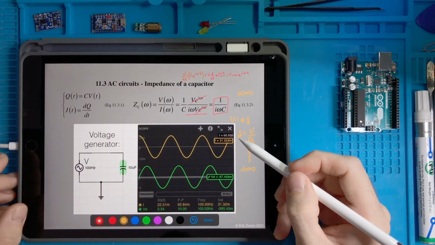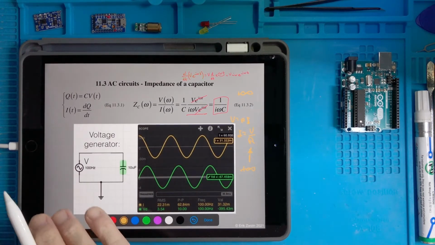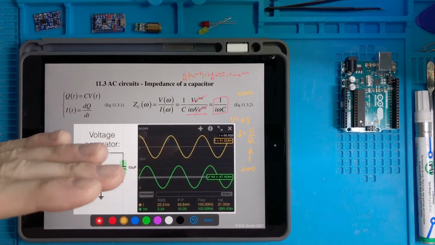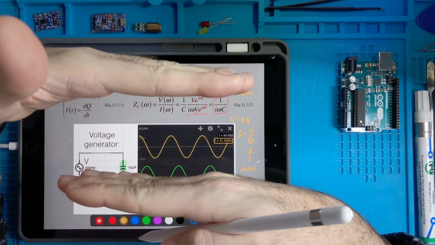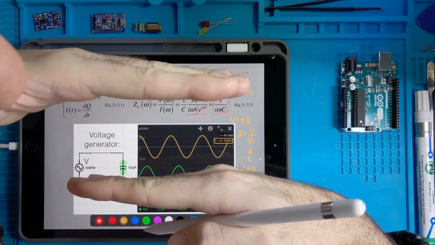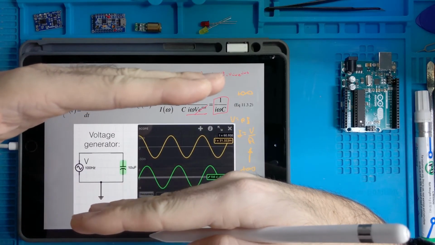if R tends to infinity, then the current is 0. This means that when everything is steady, there is no current flowing in the capacitor, and we know this because the capacitor is just two plates, one in front of the other with nothing in between. So we expect this.